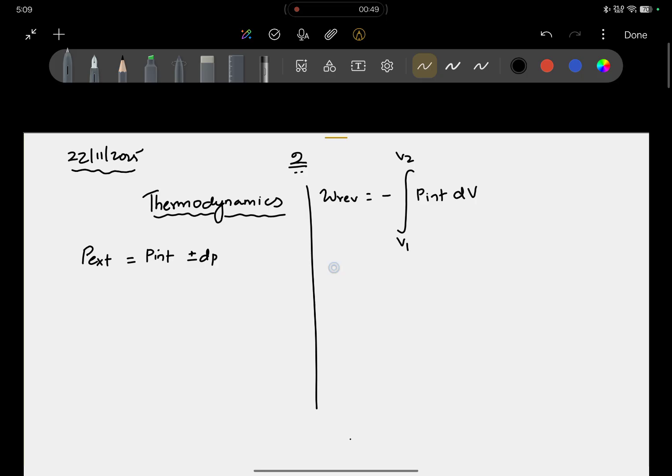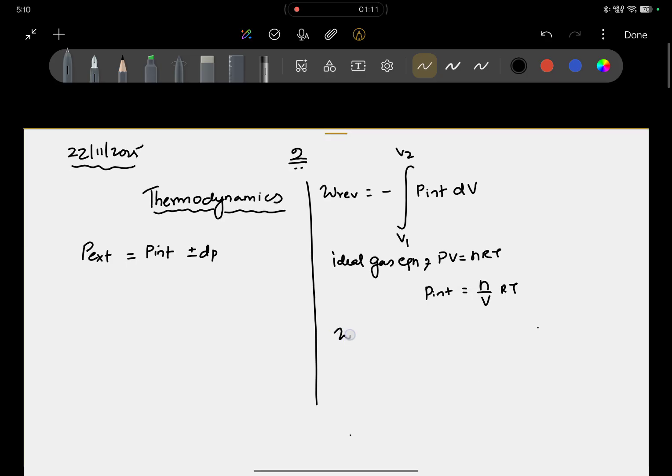So we know by ideal gas equation PV equal to nRT, so P internal is equal to nRT by V. If you substitute in the above equation, you will get W reversible is equal to minus integration from Vi to V final.